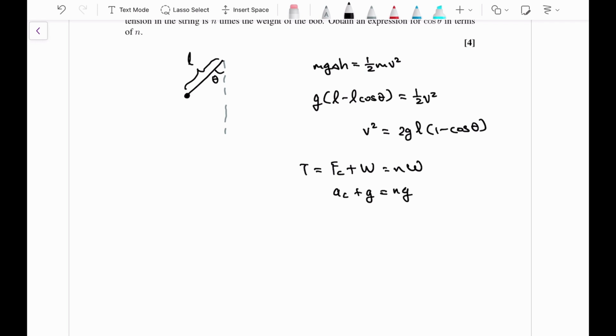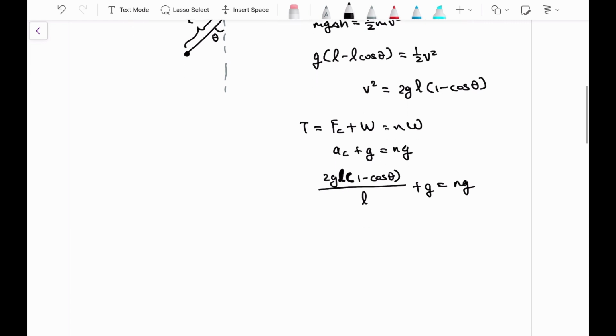In this case, this will be equal to 2gL times 1 minus cosine of theta over L, which is r, plus g is equal to n times g.